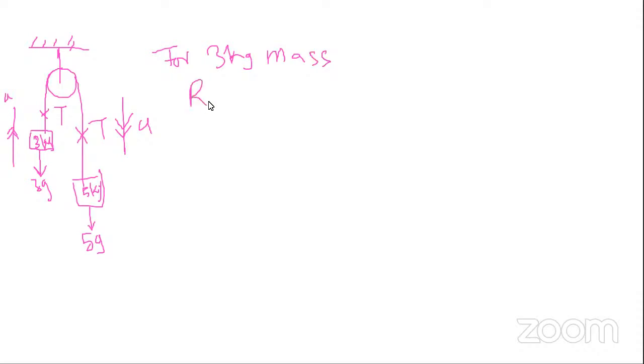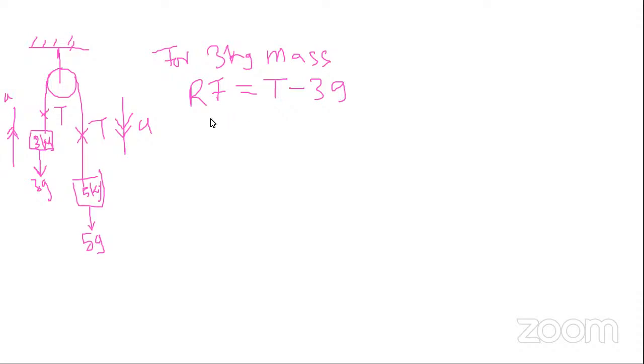What will the resultant force be equal to? Since the body is moving upwards, at 3 kilograms we shall have our tension minus m1g, which is 3g. The mass has now been substituted with the quantity, so it is 3 kilograms, so we have 3g.